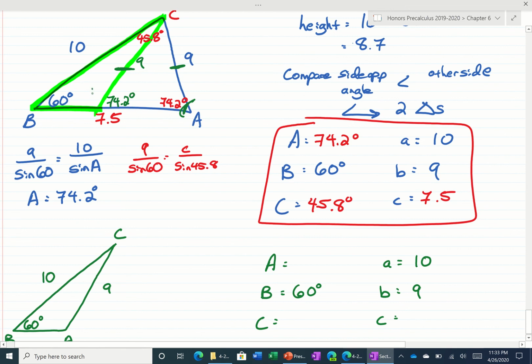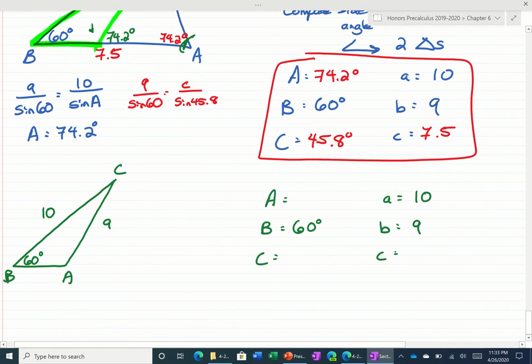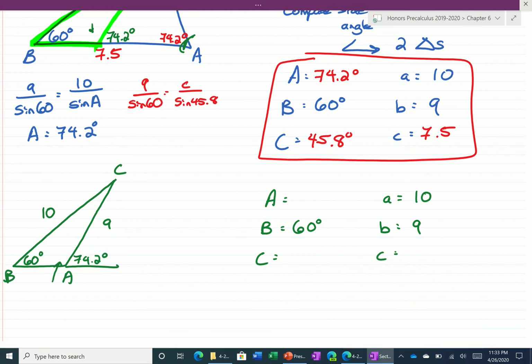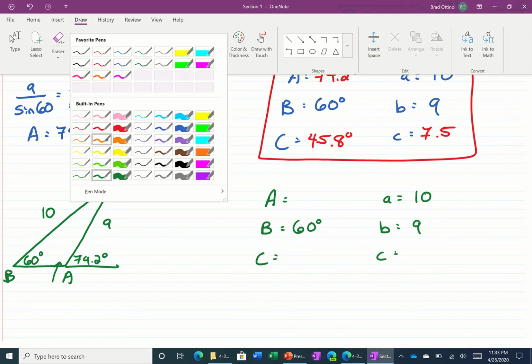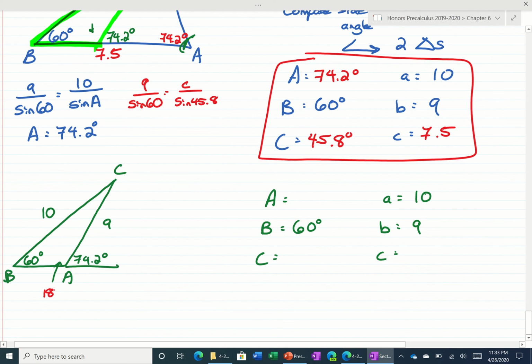So to find this angle, we could do 180 minus the 74.2 degrees. And that comes out to 105.8.